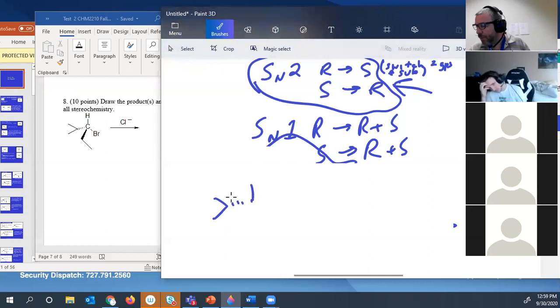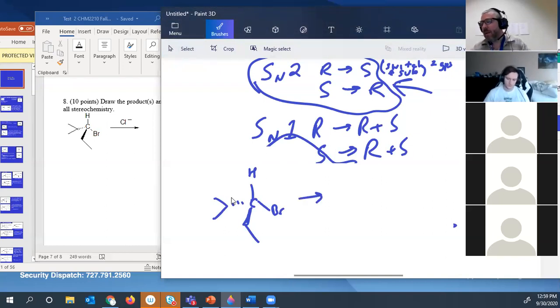Right, remember we're doing the same thing, but we're doing it for SN1. Okay. So we know that we're going to end up with something of the same configuration as the reactant and opposite configuration of the reactant. So in order to get the one that has the same configuration, it's easy.